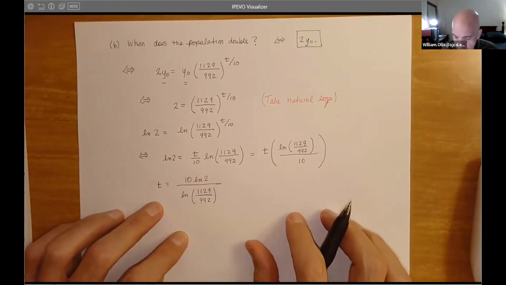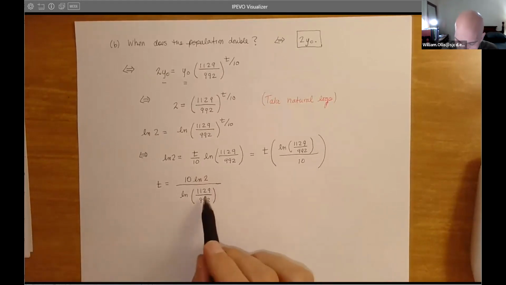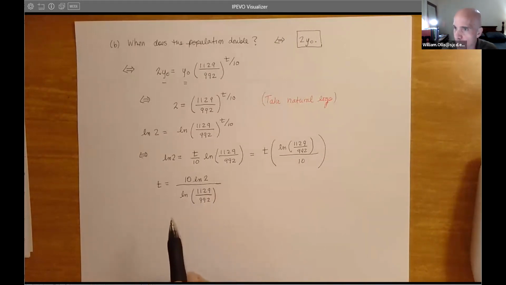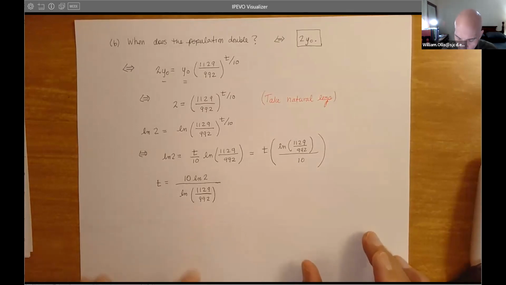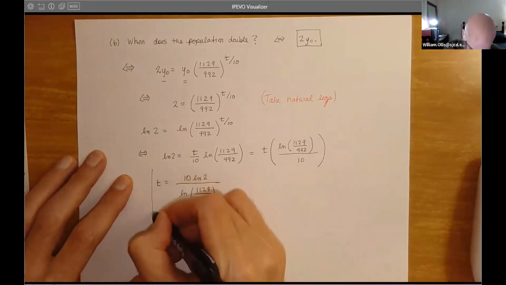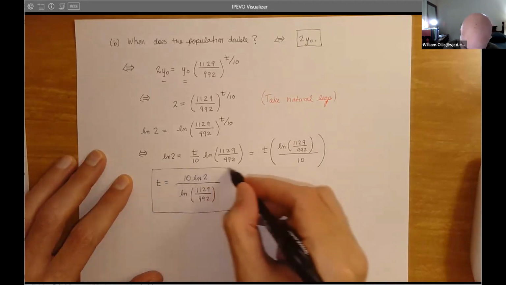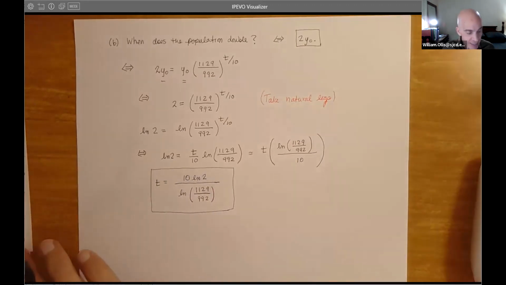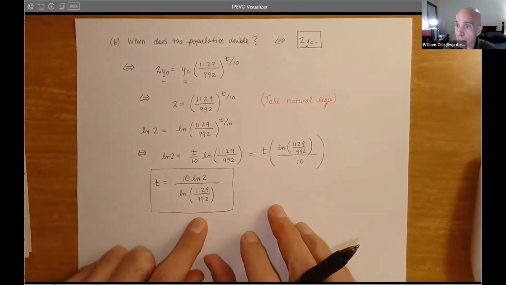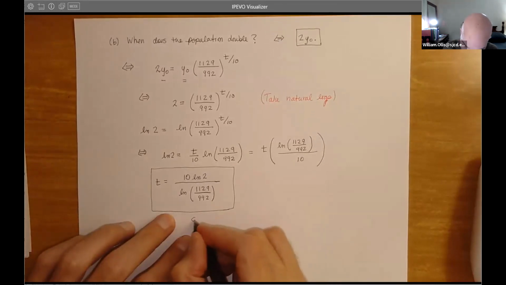Now, one thing that's interesting about this problem is that when we look at the numbers here, they're not divisible by 3, but I didn't do any further checking. So there may be some other common factors that are prime. I just said at this point, it doesn't matter. But if you want to make it more beautiful, you can check those numbers. And now we have an exact time right here. This is the exact time for doubling of the population, exact.